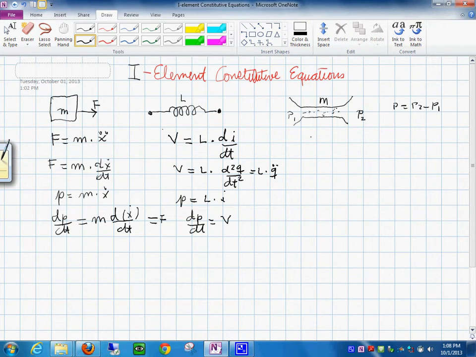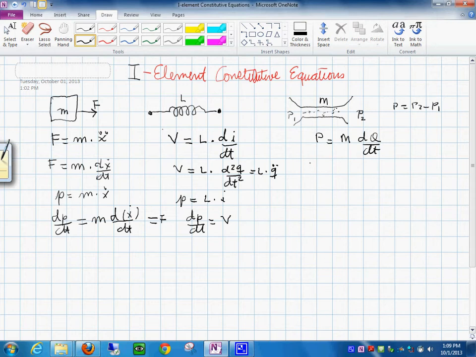For this other one, you have that the pressure is equal to the mass big M that I call it, times dQ dt. Q is the volume flow rate in cubic meters per second.